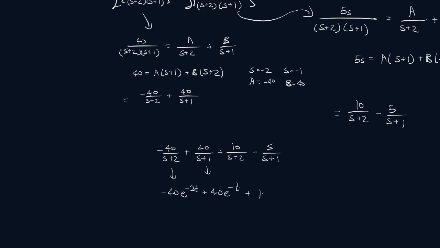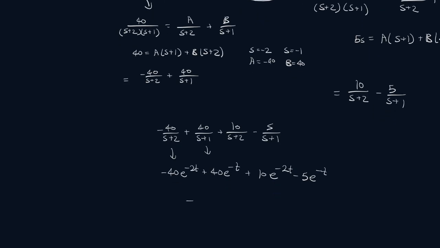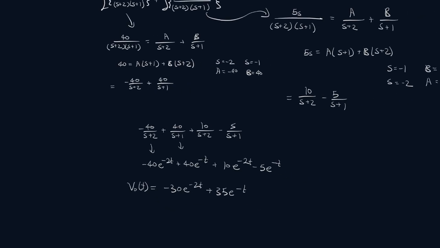This one should be 10 times e to the power of minus 2t, and this one should be minus 5 e to the power of minus t, and that's just minus 30 e to the power of minus 2t plus 35 e to the power of minus t. Okay, and that's pretty much your final value. This is for the voltage across the capacitor, and this is for when t is greater than or equal to 0.